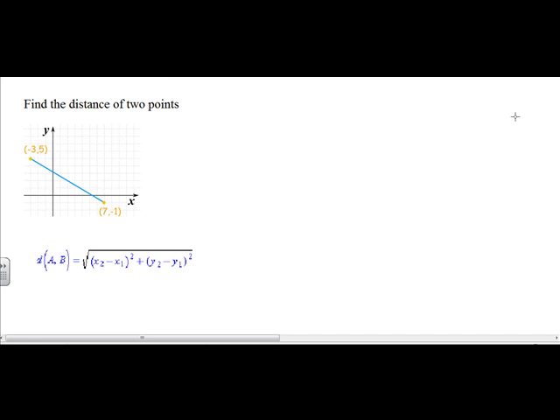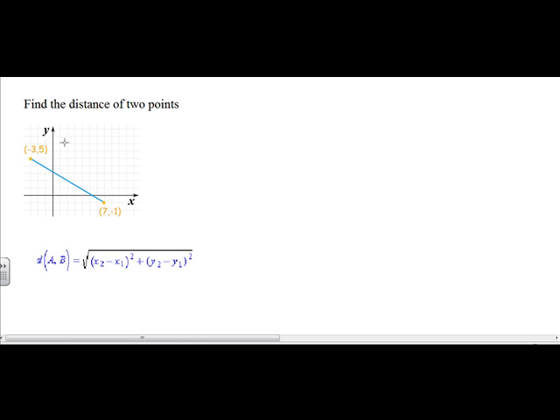Let's try one more example. I have 2 points on the rectangular coordinate, point minus 3, 5, and 7, minus 1.